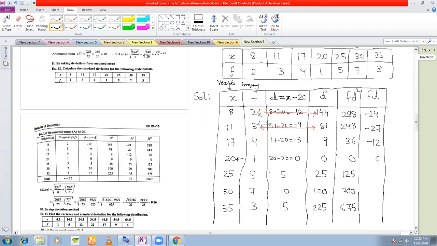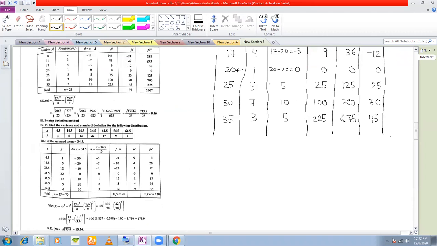Next, 1 into 0 is 0. Next, 5 into 5 is 25. Next, 7 into 10 is 70. 15 into 3 is 45. That's it. Now we are going to add up.